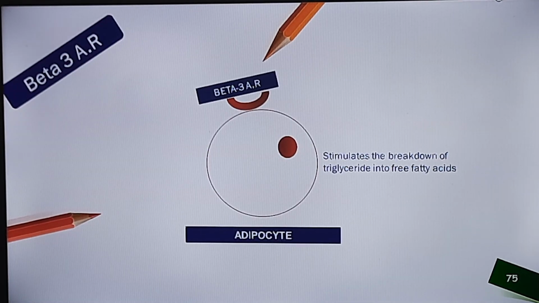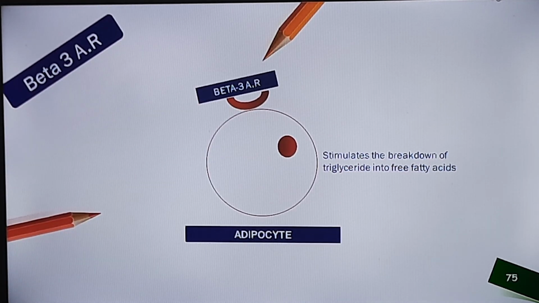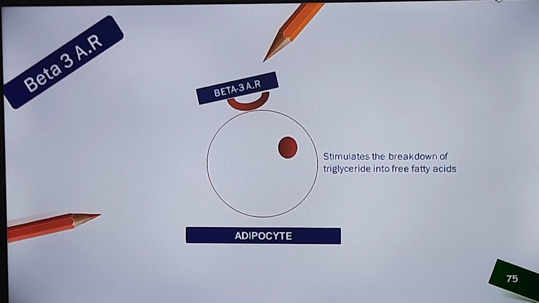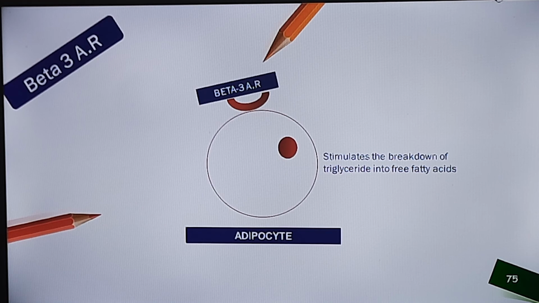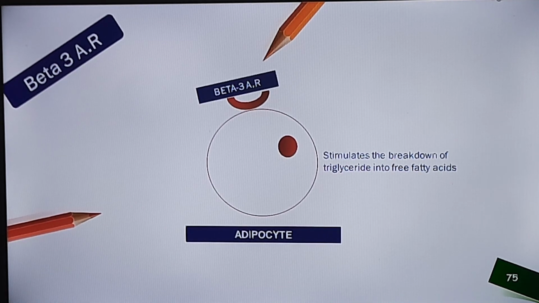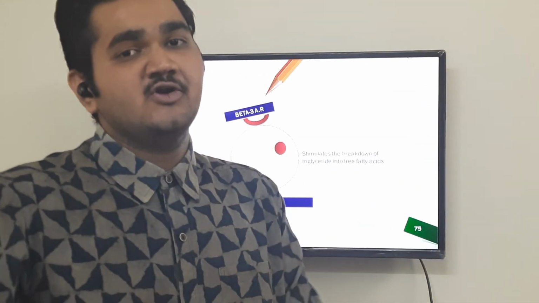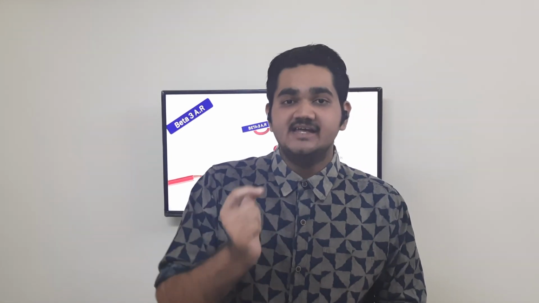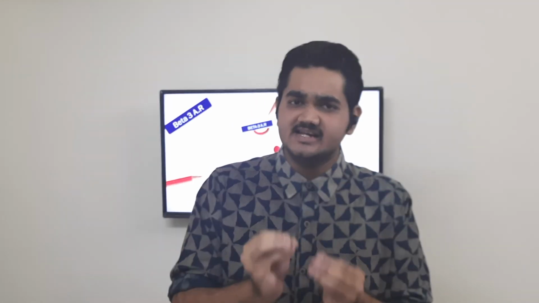In previous video lecture हमने ये डिस्कस किया था कि ये जो बीटा 3 है that is present on our adipocyte, and जब भी हम ये adipocyte वाला बीटा 3 adrenergic receptor stimulate करते हैं, it actually stimulates the breakdown of triglyceride into free fatty acids. In short, it promotes the breakdown of lipids, and breakdown of lipids के लिए we have a very special term, that is lipolysis. So option D will be correct, that is beta 3 adrenergic receptor.